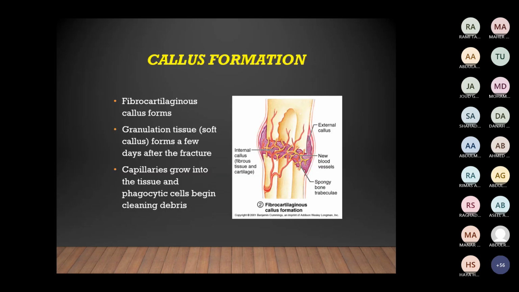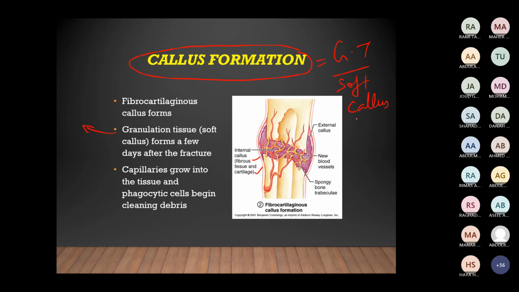I hope you're understanding. Now, this is the main area of understanding of callus formation. What is this callus formation? Fibrocartilaginous callus forms. You should know that the internal callus contains fibrous tissue and, of course, from the chondroblasts, the cartilage tissue. As yesterday you read from Dr. Ahmad Bali, today also I told you granulation tissue is a soft callus. Remember, granulation tissue is a soft callus.